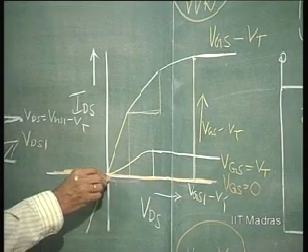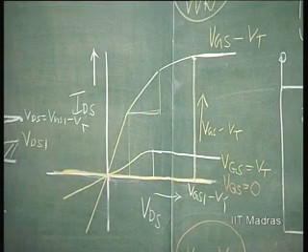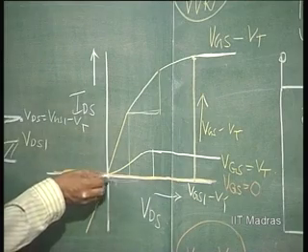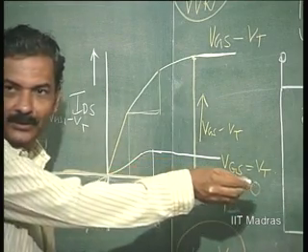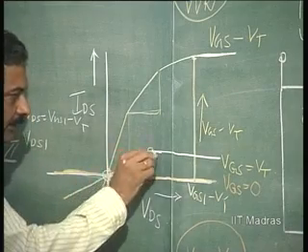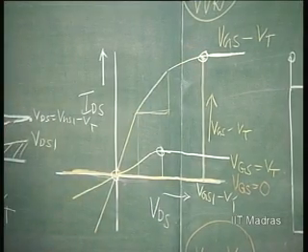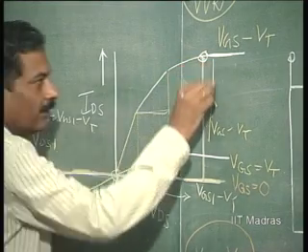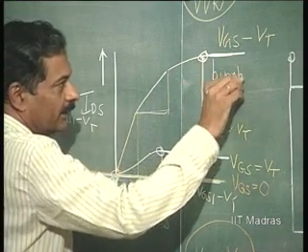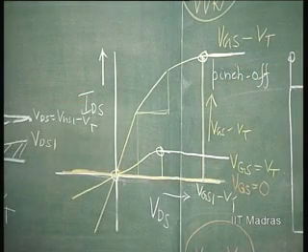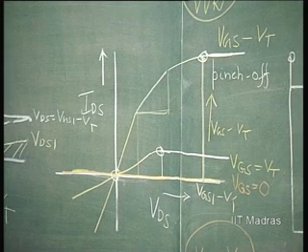And for VGS equal to VT, saturation occurs at this point itself and the current is 0. So, these are all the points at which pinch off occurs. This terminology should be very easily remembered, because that actually depicts what happens at the channel: pinch off.